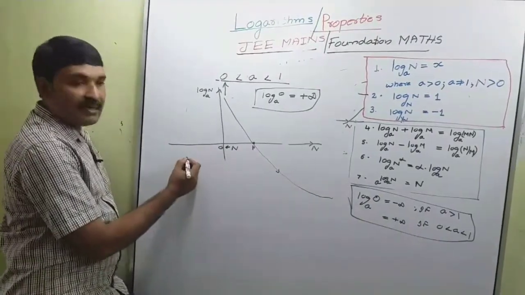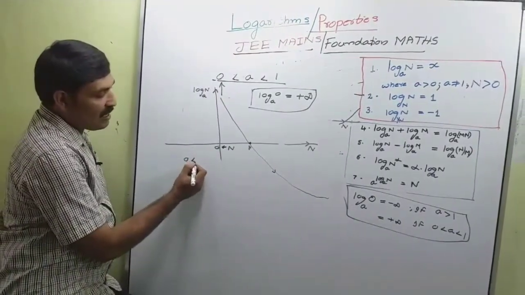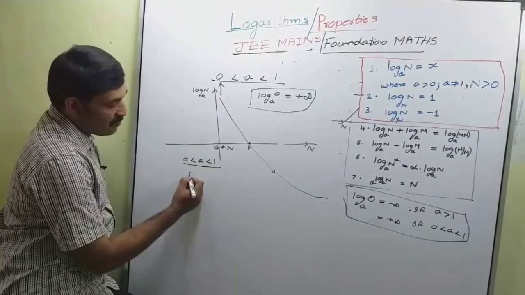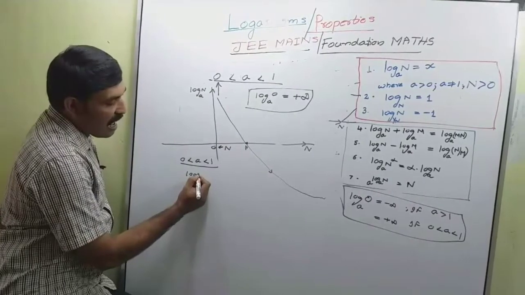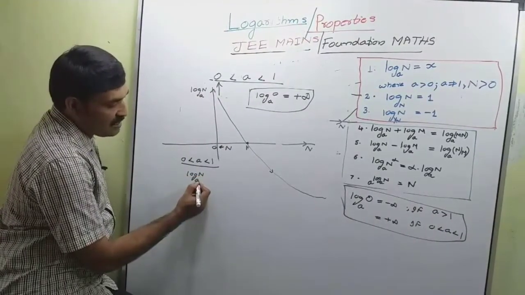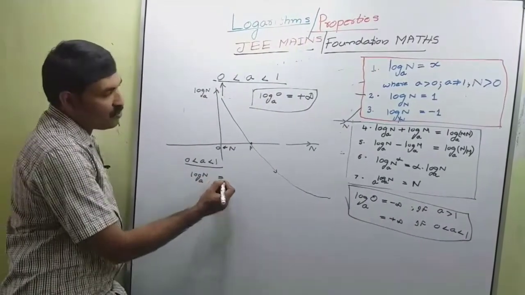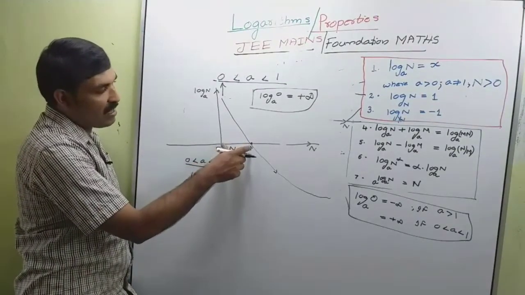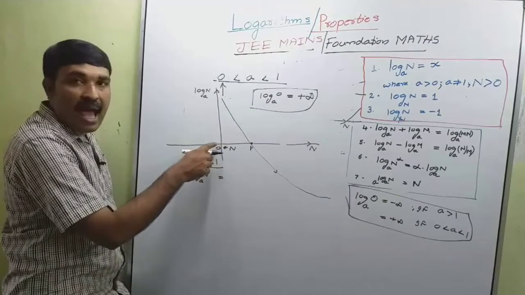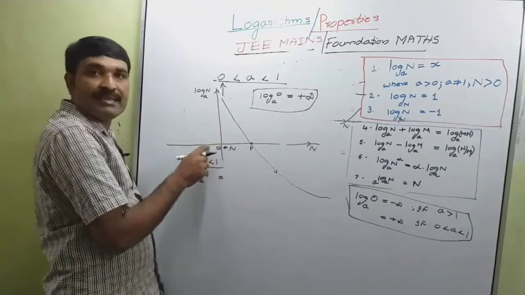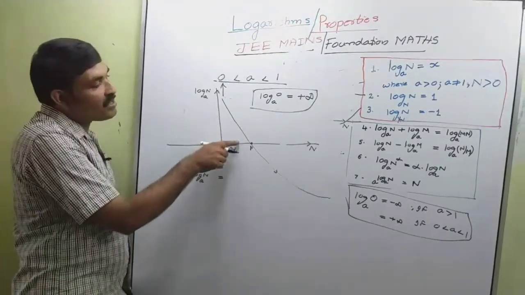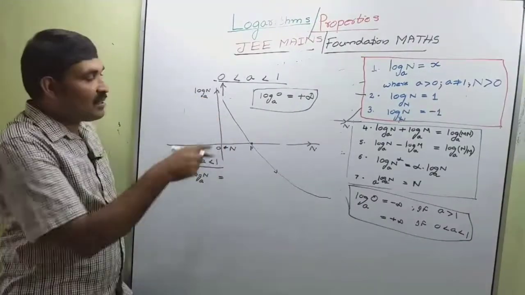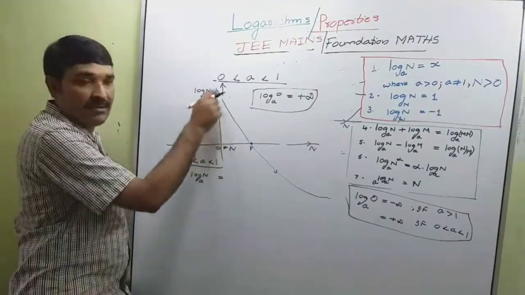Now I am writing the condition: base 0 less than a less than 1. Then in this region, between the value of n equal to 0 and 1, the graph is lying above the real axis. That means the graph is positive.